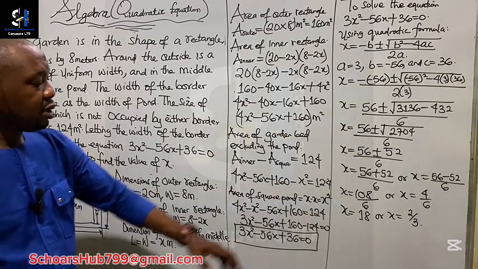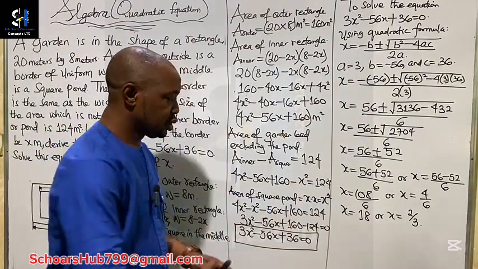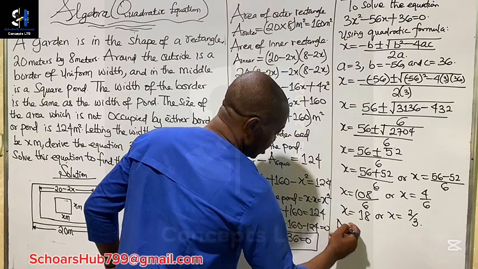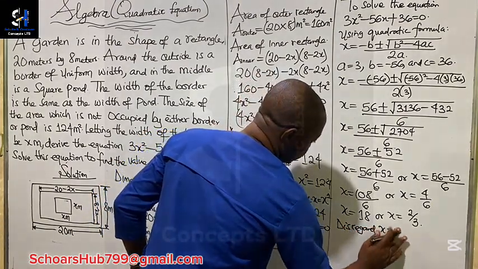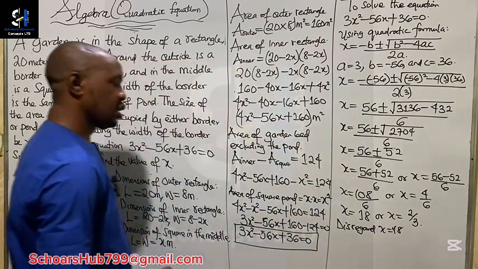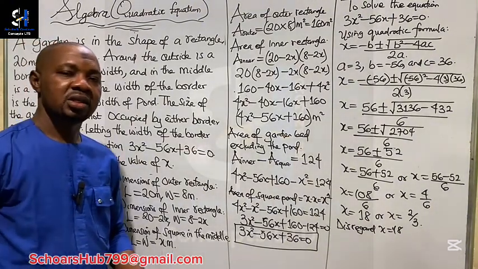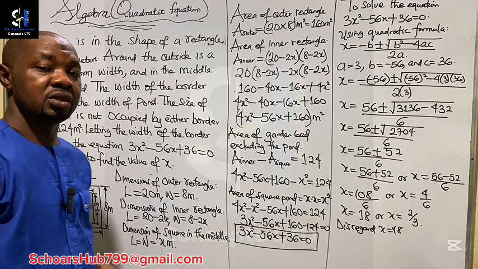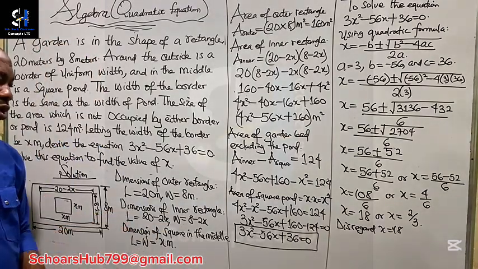We are going to disregard x equals to 18. That will not work, because when we put the value here, we're going to get a negative value, which implies that it's not possible for the width of the inner rectangle to be negative.